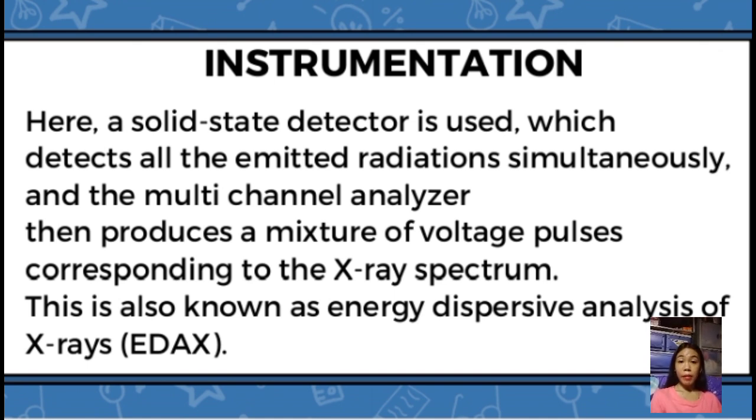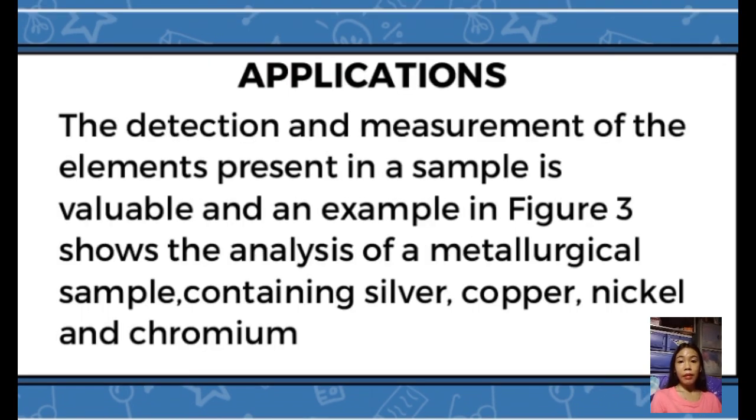The detection and measurement of elements in a sample is crucial in various fields, including metallurgy, mineralogy, and petrochemistry. X-ray fluorescence, or XRF, is particularly beneficial as it allows for the analysis of complex solid samples without the need for labor-intensive wet chemical methods.